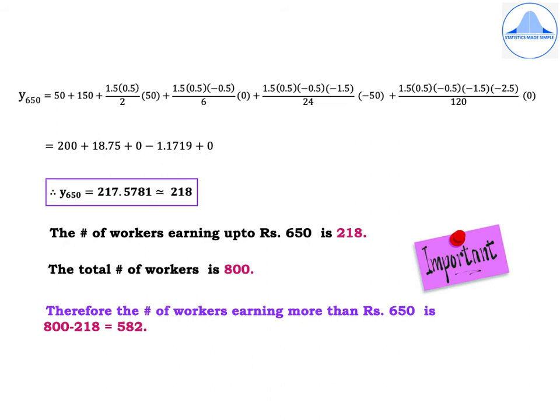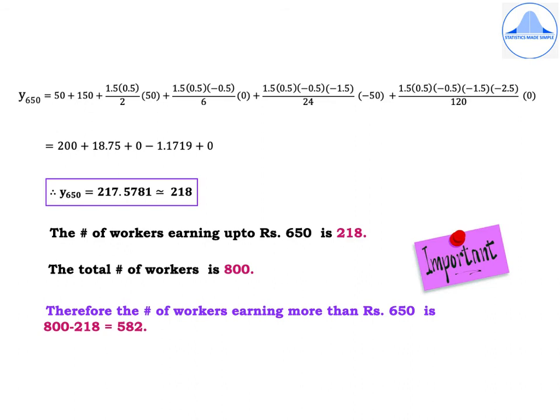Further calculations, we get y 650 equal to 50 plus 150 plus 1.5 into 0.5 divided by 2 into 50 plus 1.5 into 0.5 into minus 0.5 divided by 6 into 0 plus 1.5 into 0.5 into minus 0.5 into minus 1.5 divided by 24 into minus 50 plus 1.5 into 0.5 into minus 0.5 into minus 1.5 into minus 2.5 divided by 120 into 0, which gives us 200 plus 18.75 plus 0 minus 1.1719 plus 0.